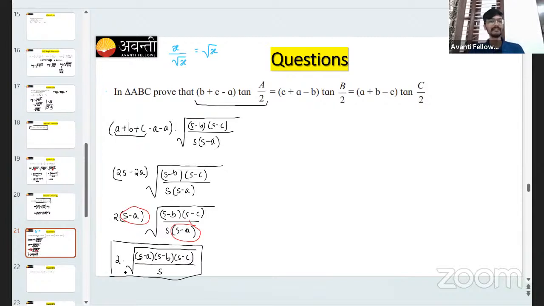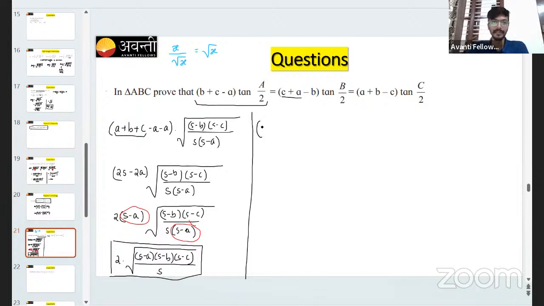So similarly, simplifying the second one too, we should get the same. So let us simplify this. I'll do the second one, and the third one you do on your own, or we will write it similarly. Okay. In the second one, if you see, what do I have? c plus a. So here I added and subtracted a. Here we will add and subtract b. Correct.